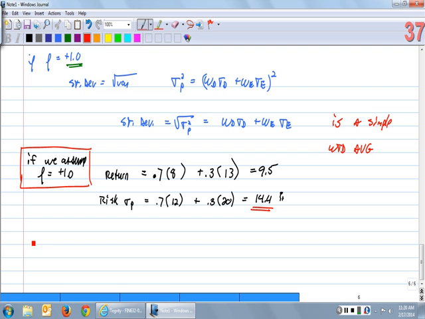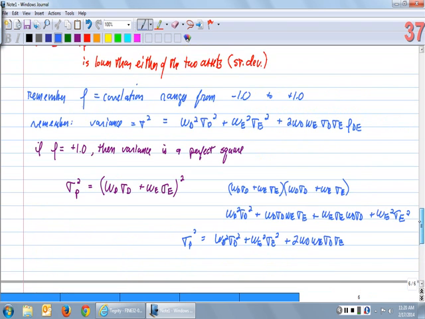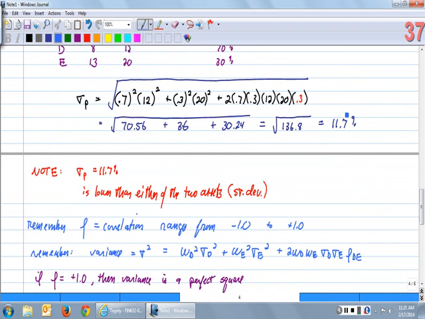Let's compare that to a moment ago, when the correlation was equal to +0.3. You remember? Let's go find it. What was the standard deviation when we said the correlation was +0.3? It was 11.7. Everything else was the same. All we did was have a different correlation.